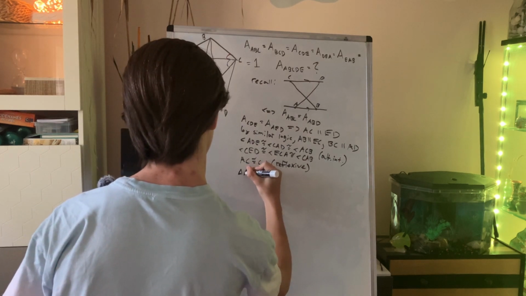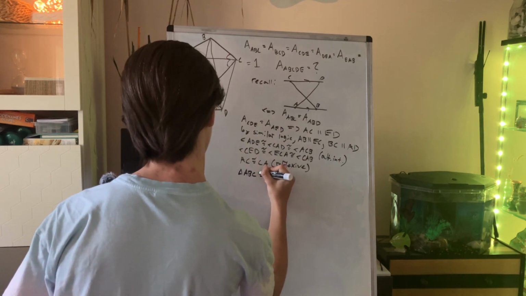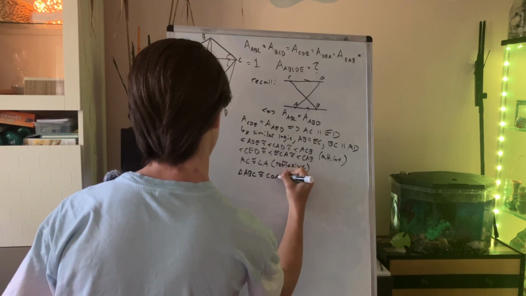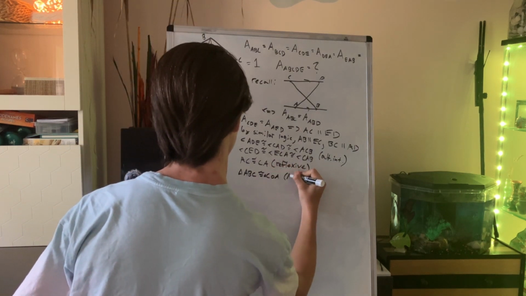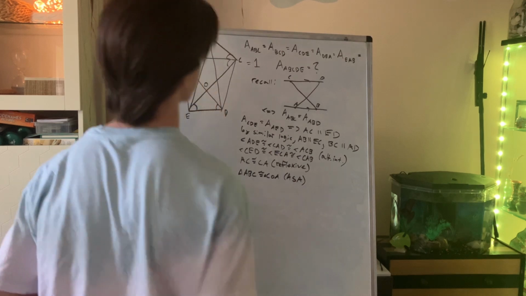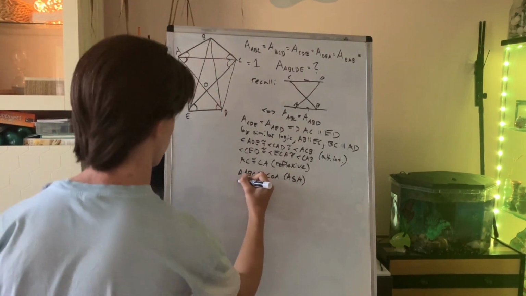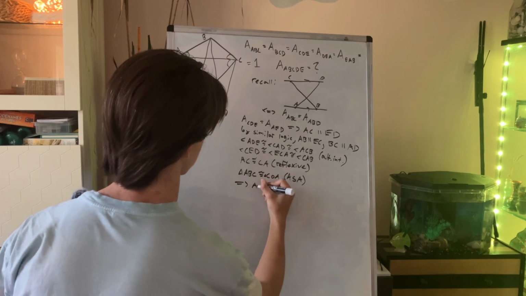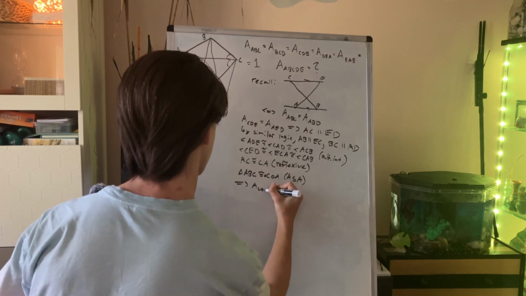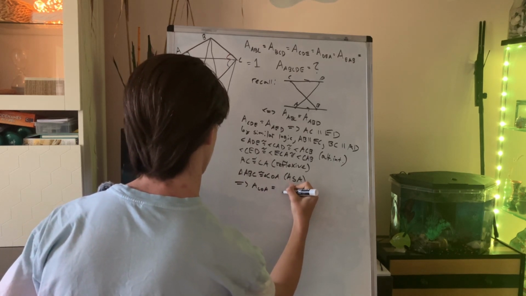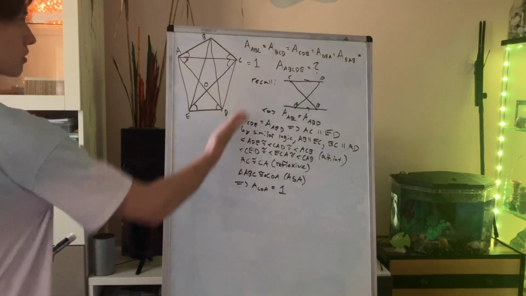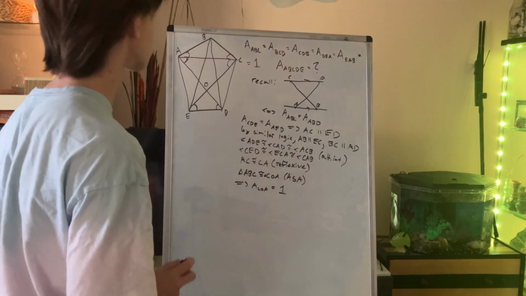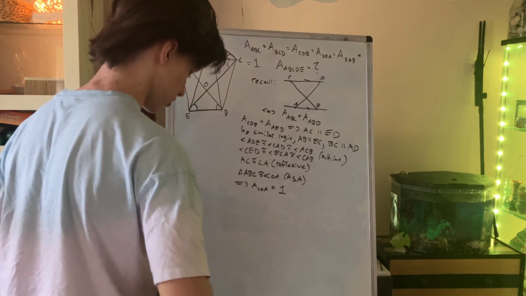We have triangle ABC is congruent, not just similar, but congruent to CEA by the angle side angle rule. And therefore we know that the area of CEA is equal to the area of ABC, and that is equal to 1, because the area of ABC is equal to 1, and that is given to us. And that is pretty cool.